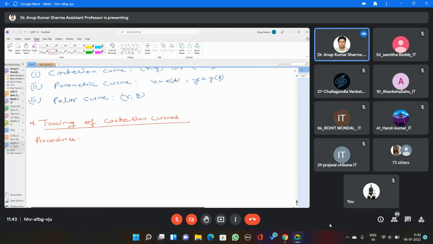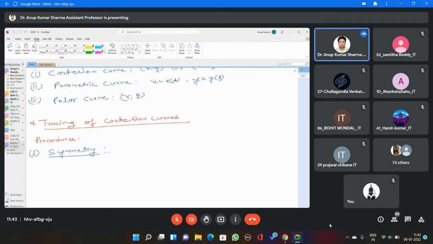First is symmetry. Any curve may be symmetrical about the x-axis, the y-axis, or the origin, symmetric in opposite quadrants, or symmetric about a line. These are some characteristics we find.